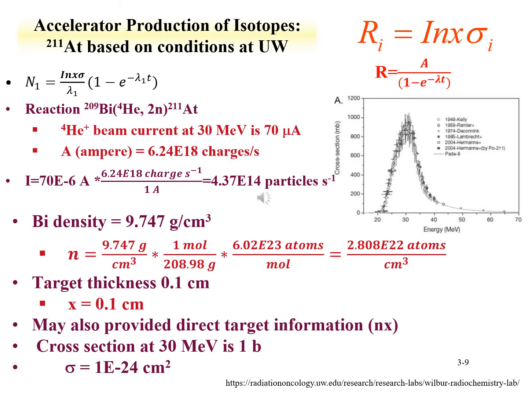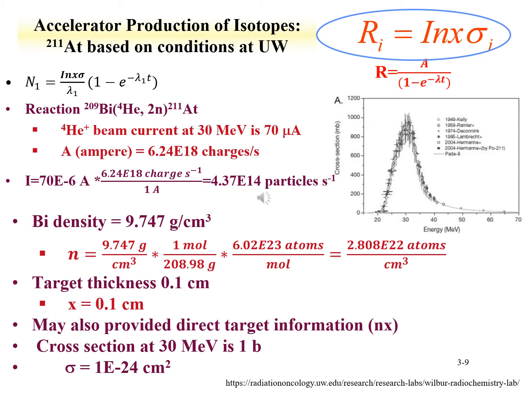Equations that show the production of isotopes from accelerators were also provided, and we're going to show an example of that using the production of astatine-211 based upon conditions that are used at the University of Washington. The equation that was used is shown here, and the components of this equation, as a reminder, include your beam current, which ultimately is particles per second, so it's the projectile particles hitting the target.